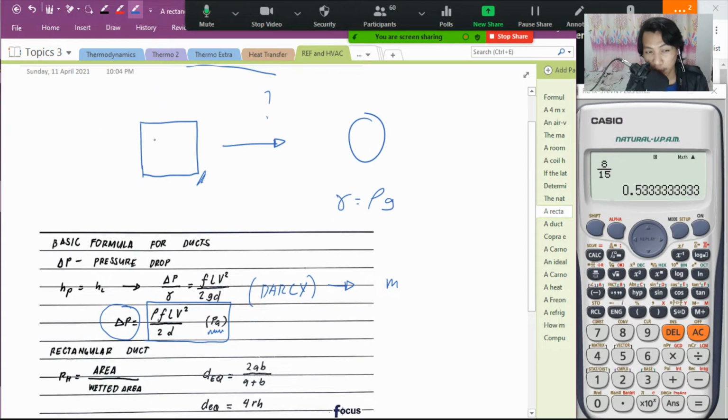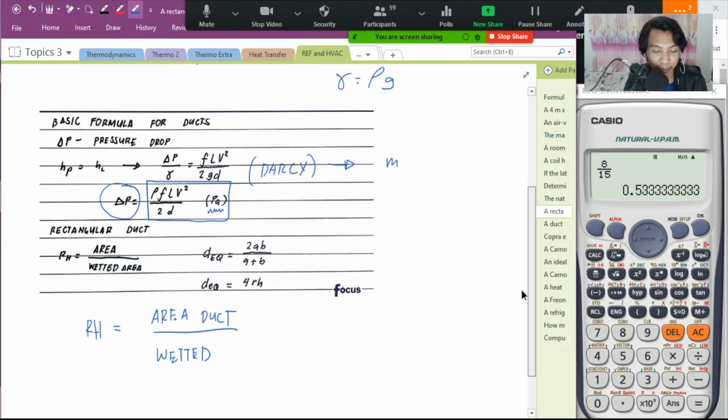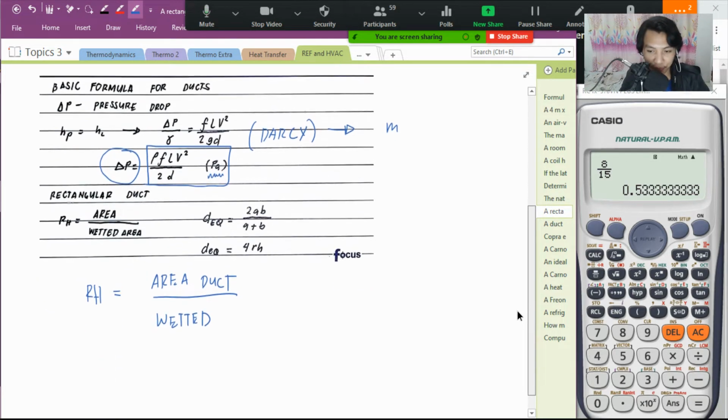Hindi naman buong to, ma-occupy ng tubig mo. Meron niyang mga air pockets na hindi siya ma-occupy, okay? Di ba? Kapag hindi highly pressurized yung duct mo, hindi niya ma-occupy yung space na nandito sa taas, okay? Yan. So, ang wetted area mo is the area that is only in contact with the fluid flowing inside your duct. Oh, ganun yun.